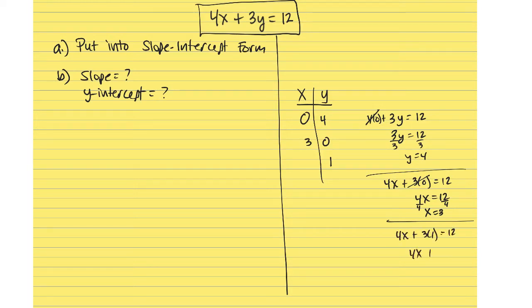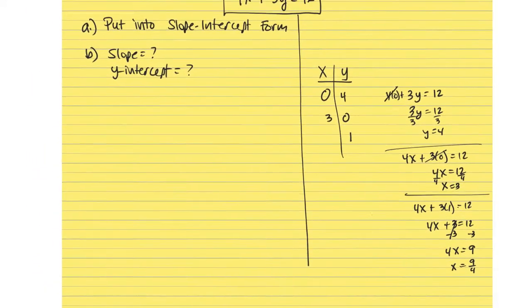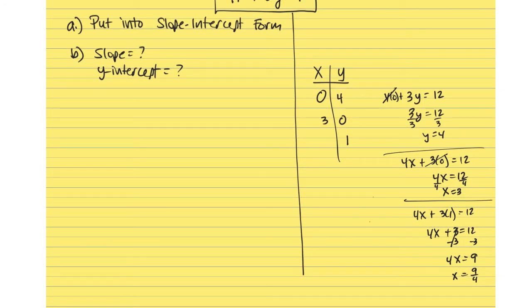So 4x plus 3 equals 12, and then I could subtract 3 from both sides, divide by 4, and x equals 9/4, which is equal to 2.25. The whole reason that we're doing all this is to be able to graph.